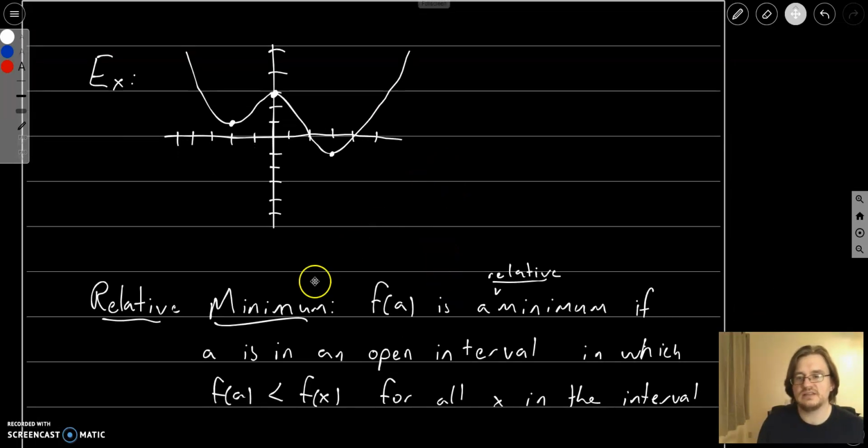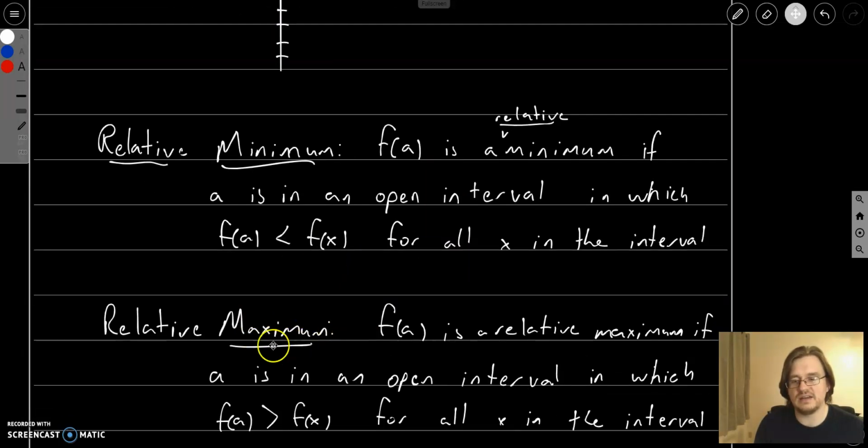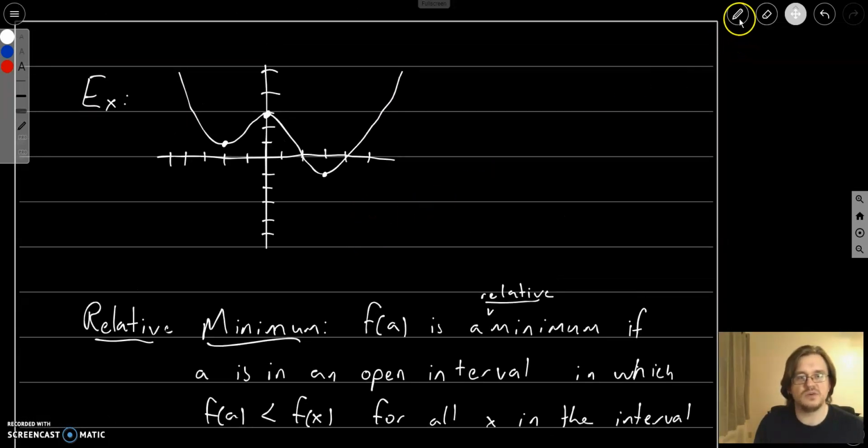So the next thing to talk about is where we get minima and maxima. So for instance, on this graph, we can see that here we have a minimum. So the point right there will be at -2, 1, and what we call the minimum is 1.